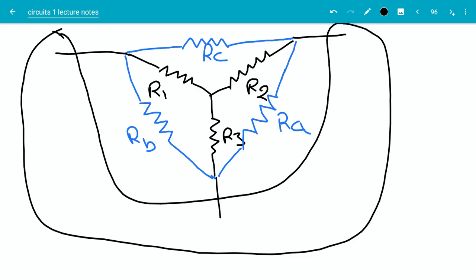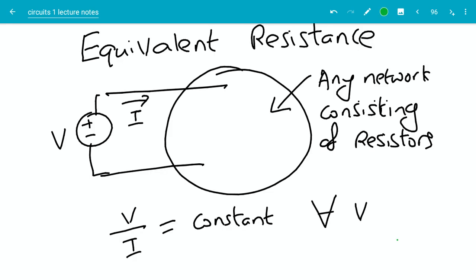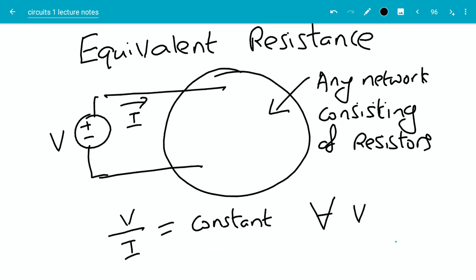To see why this works, let's recap what we learned about equivalent resistance. We said that if we have any circuit which consists only of resistors and the two wires coming out of it, like this, then if you connect any voltage V and measure the current going in, then the ratio, the voltage over current, will always be constant no matter what that voltage V is.